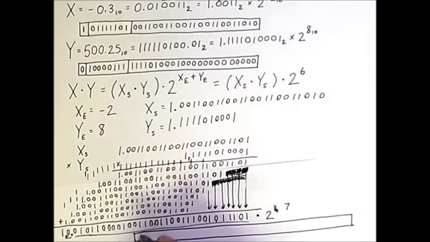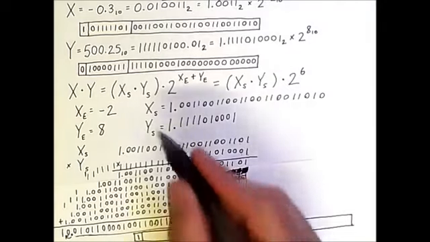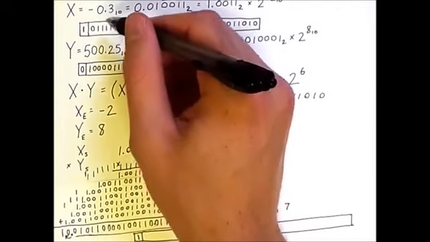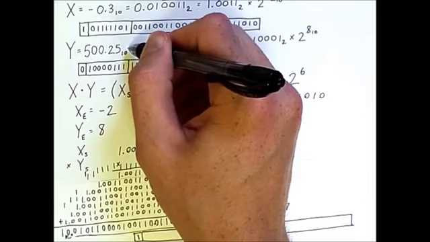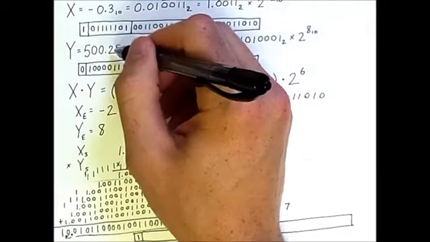Now, given this number, we can figure out the final floating point representation. Our first bit will be a 1 for negative because we are multiplying negative 0.3 by positive 500.25. So a negative times a positive is a negative, therefore a 1 goes here. The next 8 bits are the biased exponent.